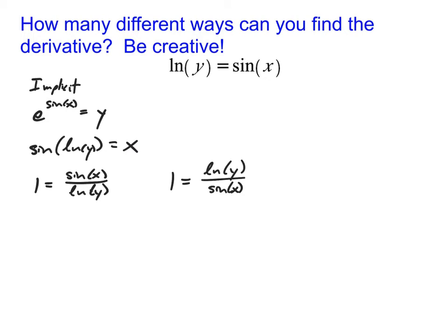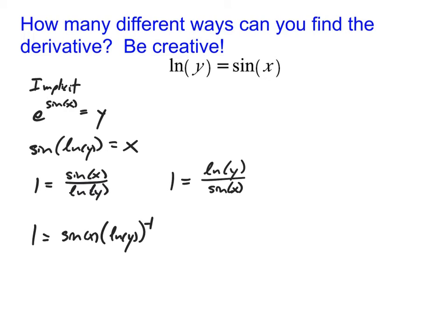Building off of that one, I could take either of these and change them from quotient rule into product rule. So I could turn it into sine of x times natural log of y to the power of -1. And the same kind of thing with this one, of course, as well. And then it becomes a product rule instead of a quotient rule. Nice.